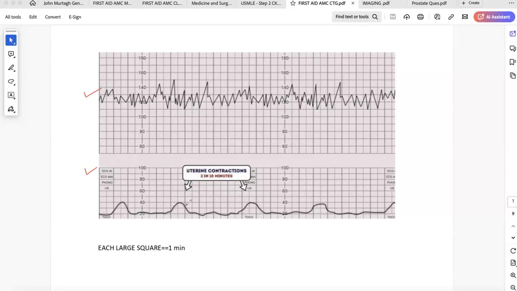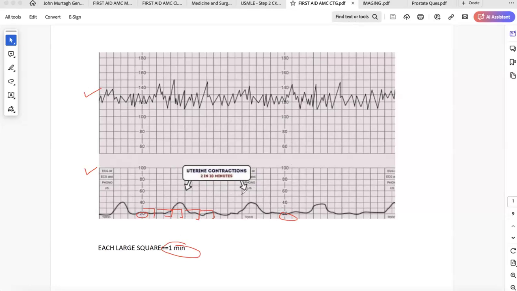In this uterine contraction tracing, you can see that from here to here there are 10 large squares. Each large square is equal to 1 minute. So you need to find out how many uterine contractions are happening in 10 minutes.